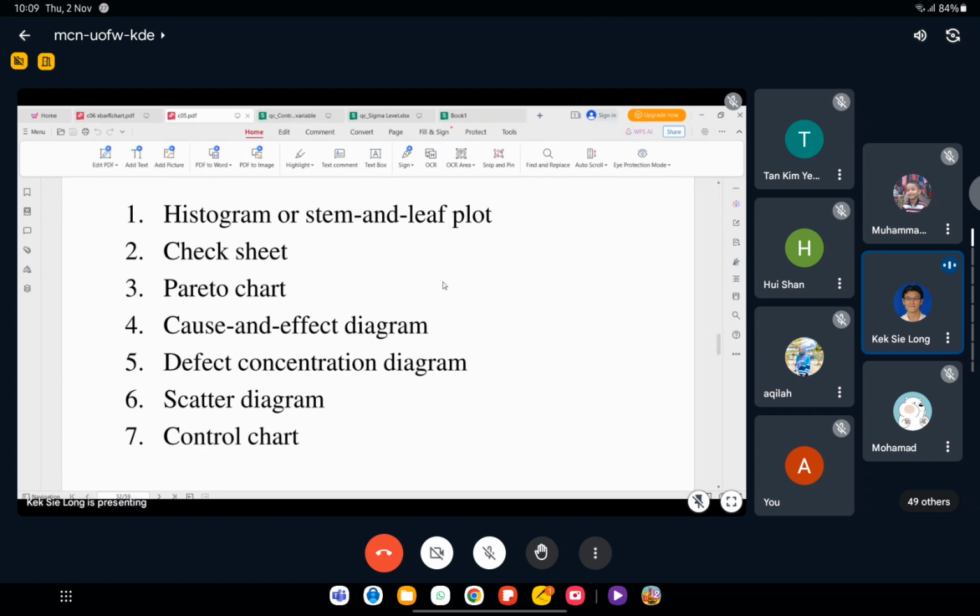So in the histogram, how does the number of defects of the product look? If it increases or decreases, they can see it with their eyes. So we need to really understand the purpose, okay? Why we use, for example, a check sheet, when we use a Pareto chart, when we want to use a cause and effect diagram.